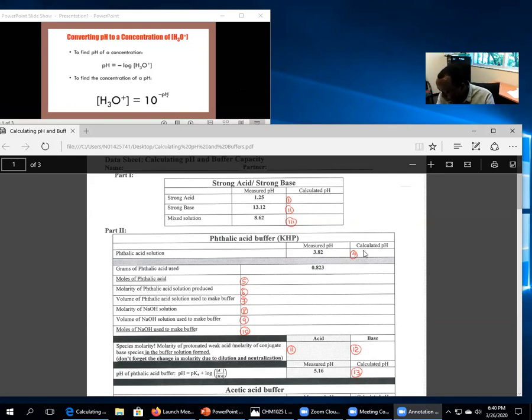Somebody went in the lab and took 0.82 grams of potassium hydrogen phthalate, with the molar mass of 204.3, that's what you are given. The reason you have two values is that you will need to find the number of moles.